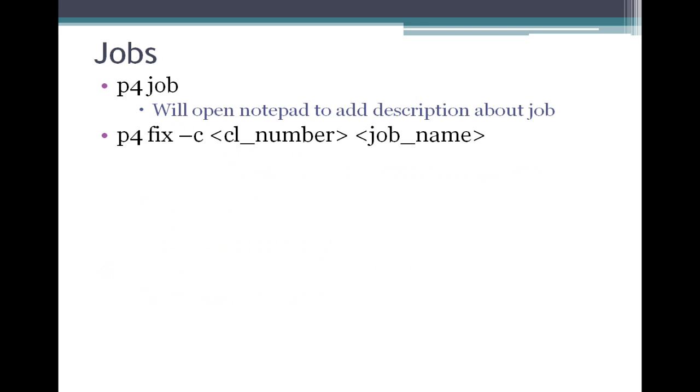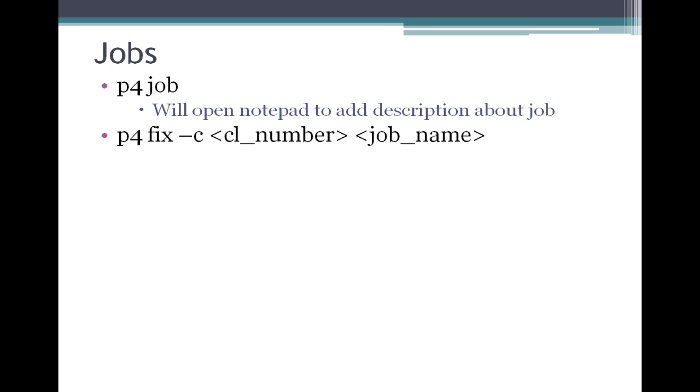I'll try to sync to a particular release. Maybe release 1.0 was released with CL number 10. Just sync to that particular CL number, get revision CL number 10, and you automatically get the code of release 1.0.